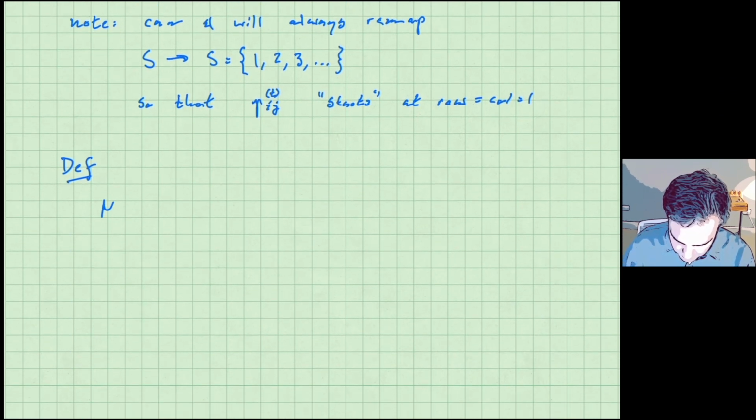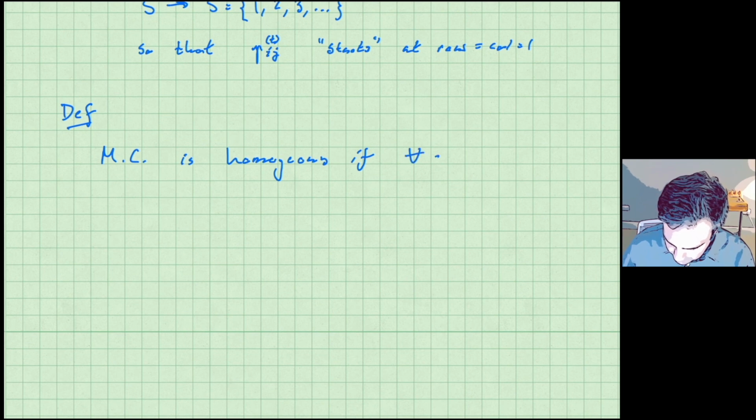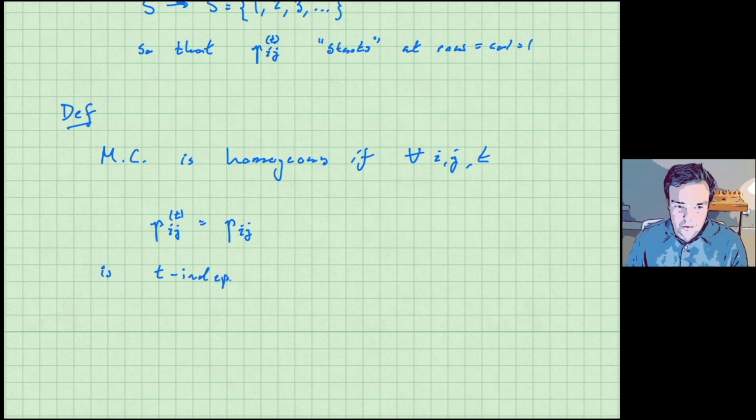All right, so let's say a Markov chain is homogeneous if, for all different i's and j's, all different state transition pairings, and t's, P sub ij doesn't have any t dependence. So we'll say it is t independent. That just gets called homogeneous.